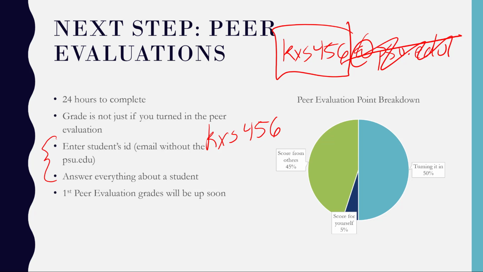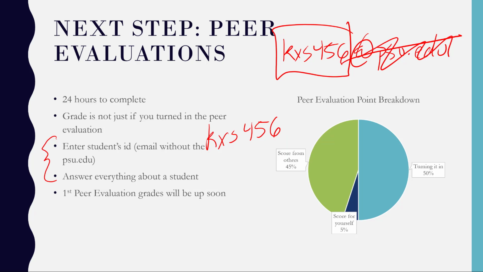The first peer evaluation will be graded soon. I'm sorry for the delay; there's just lots going on all at once. But there are 150 students in this class, I need everybody to follow directions, and there needs to be a consequence for not doing so, because this is very tedious on my end. All you have to do is put in the correct ID, which helps me link everything together.